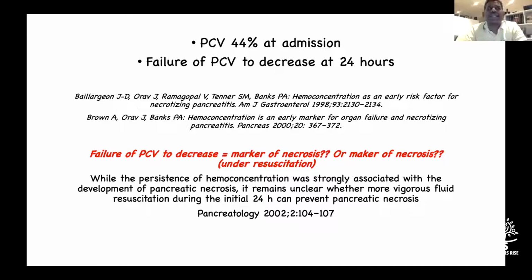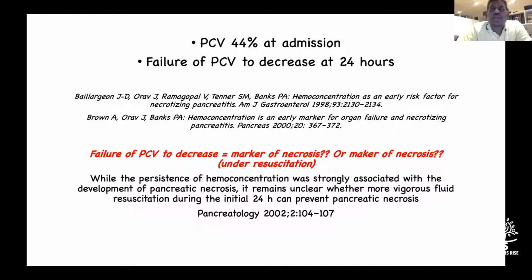Now, what exactly does this mean? Is it a marker of necrosis or a maker of necrosis? What I understood from the failure of the PCV to decrease is that you have under-resuscitated the patient. Persistence of hemoconcentration was strongly associated with the development of pancreatic necrosis.